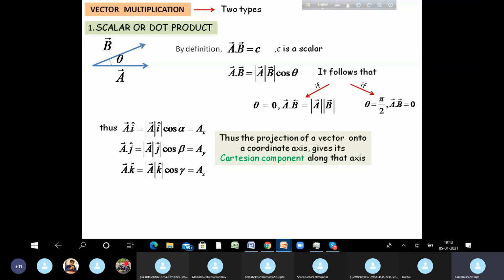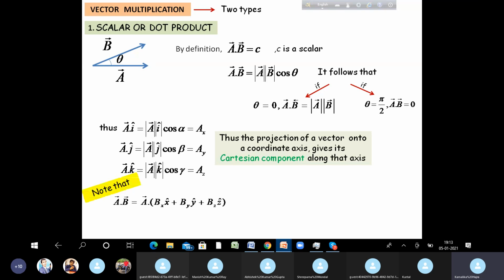So you get another meaning of the components of the vector, that is, the components of a given vector along the three Cartesian axes are nothing but the projection of the vector along that axis. So this is another way of looking at the components using the concept of dot product.